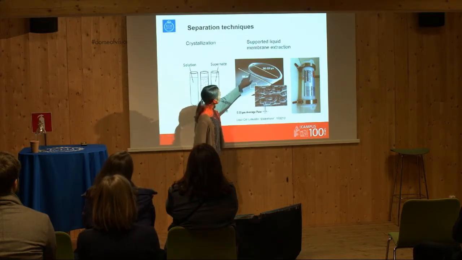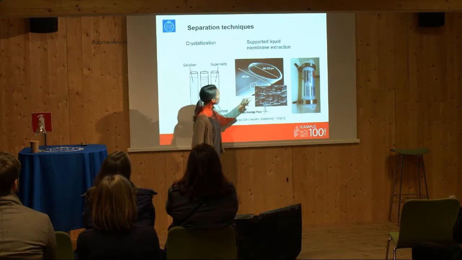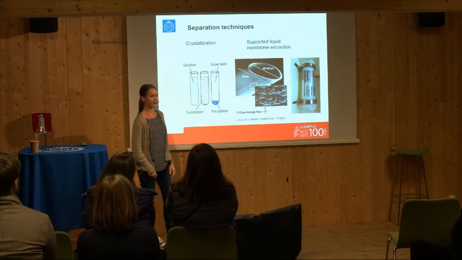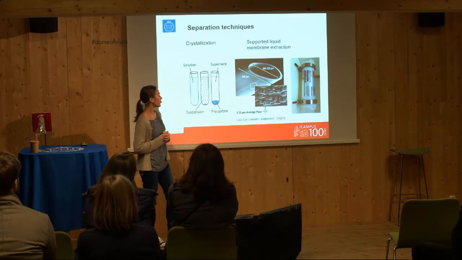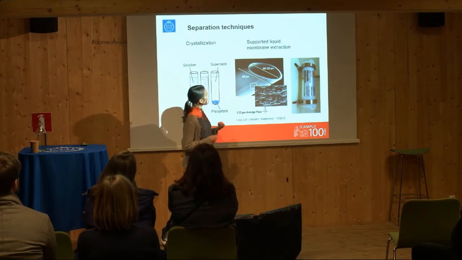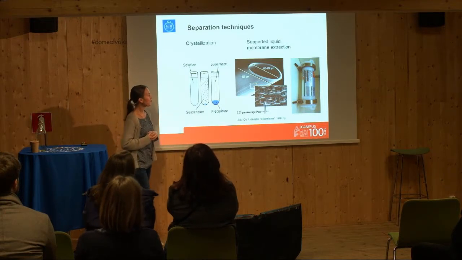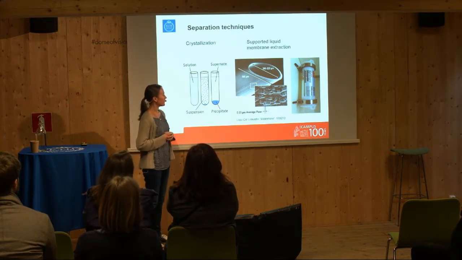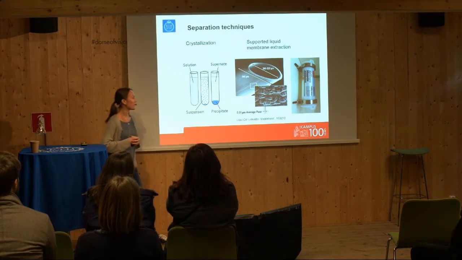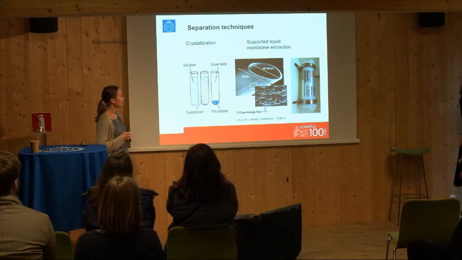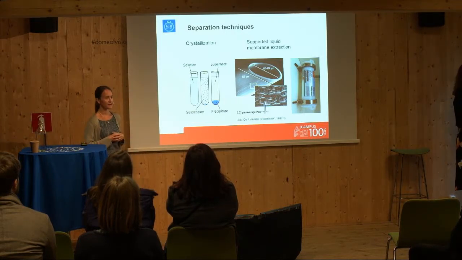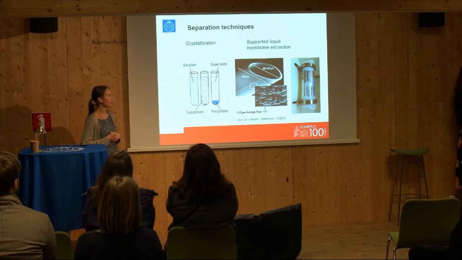And the walls of these hollow fibers are porous. So in the walls, you put the organic phase. And then you have one of the aqueous phases going outside of the fibers and the other aqueous phase going inside the fibers. And then you have the separation over the membrane in this way. So we also have one of these flow setups in the lab to study the separation.